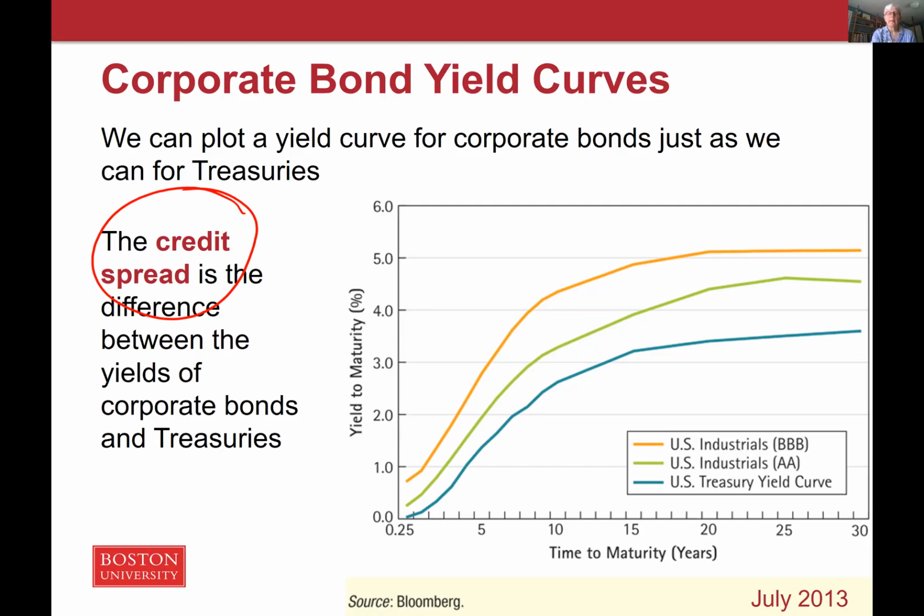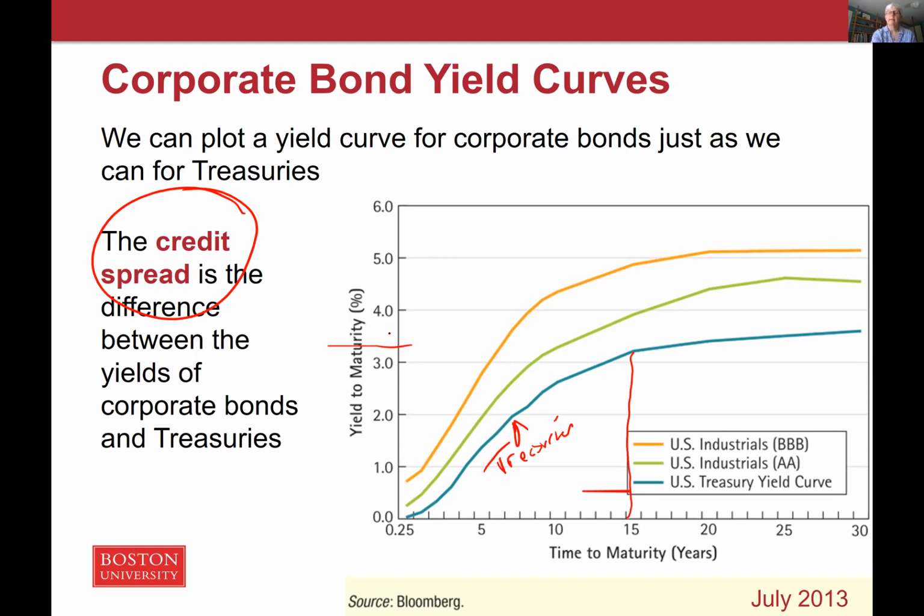So if we look at this graph right here, this blue one right here, these are our treasuries. It's more legible in the box. That is our risk-free rate. So what that's telling us is that for a 15-year bond, if there's no default risk, the interest rate is going to be 3.2%.